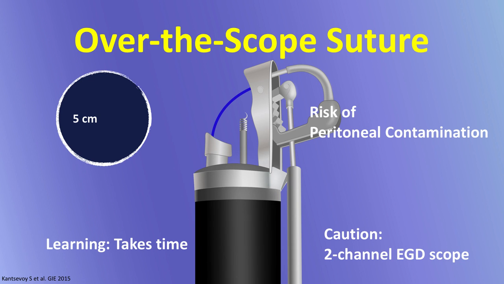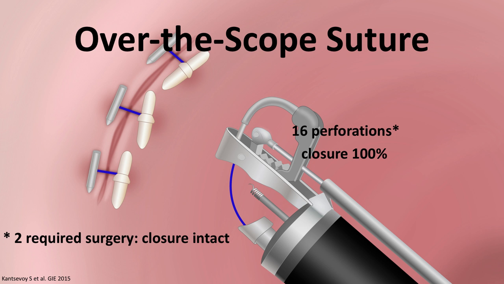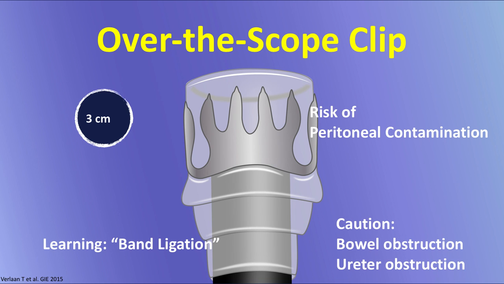Over the scope suturing device can be used to close larger perforations, but there's a lot of learning, and you have to take the scope out to load it onto either a therapeutic or a single channel scope. So during that process, there is a risk of peritoneal contamination. The literature on closure with the over-the-scope suturing device is limited.